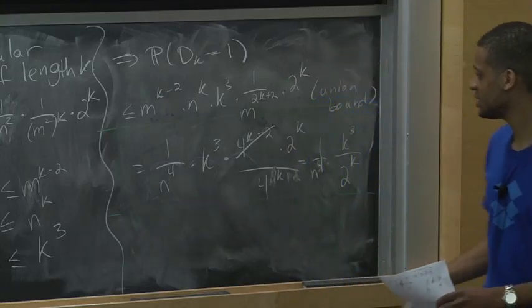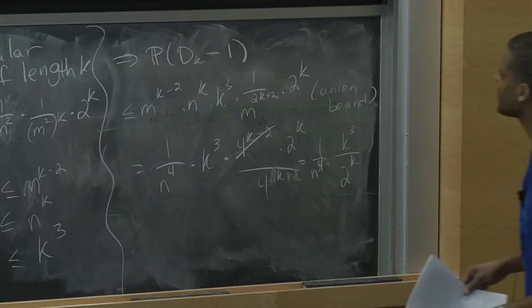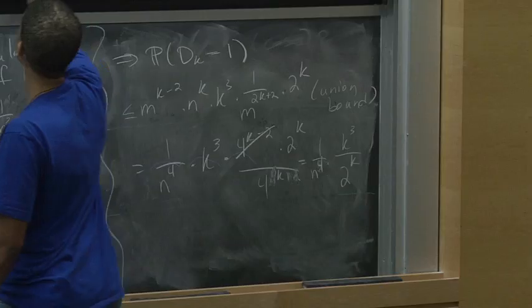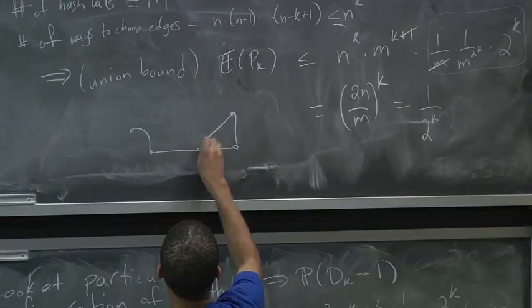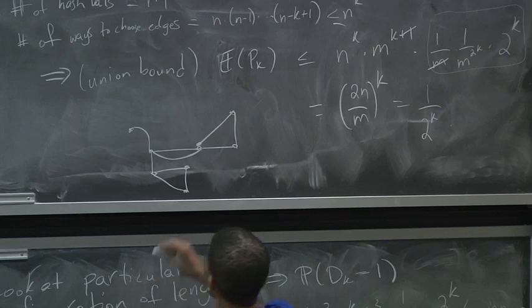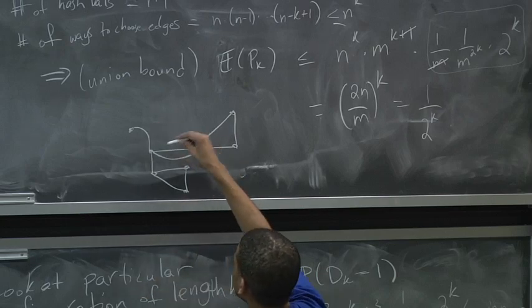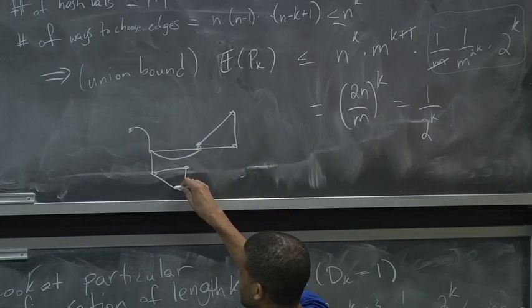But k minus 2 vertices? Why is it k minus 2? It should be k minus 1? So I counted, and then I thought I got k minus 2. So let me just draw this picture. This looks like this. Goes back, goes somewhere, goes somewhere, goes somewhere, goes somewhere. So this has length k being 1, 2, 3, 4, 5, 6, 7, 8, 9.